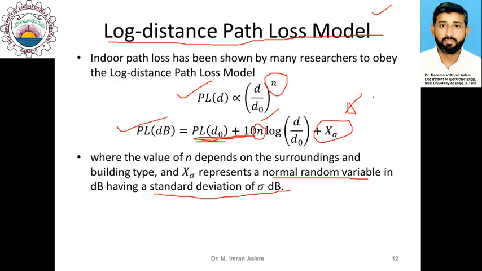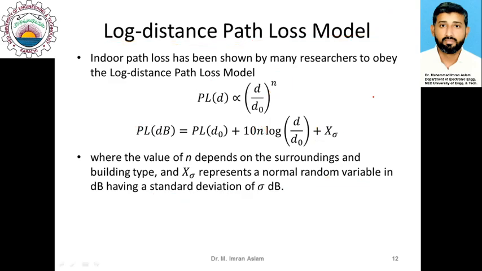So this log distance path loss model can also be used for modeling indoor propagation, and we can calculate this path loss index n by taking measurements in the particular indoor environment where we want to model the propagation.